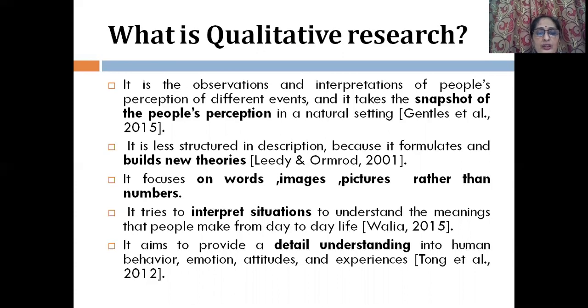It tries to interpret situations and understand meanings of these situations and events as they occur in their natural settings. It provides a detailed understanding into human beings' behavior, emotion, attitude, and experiences.